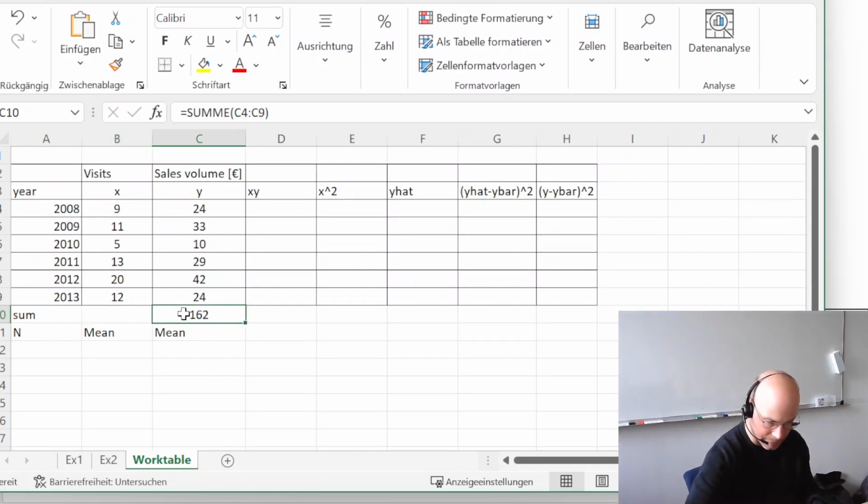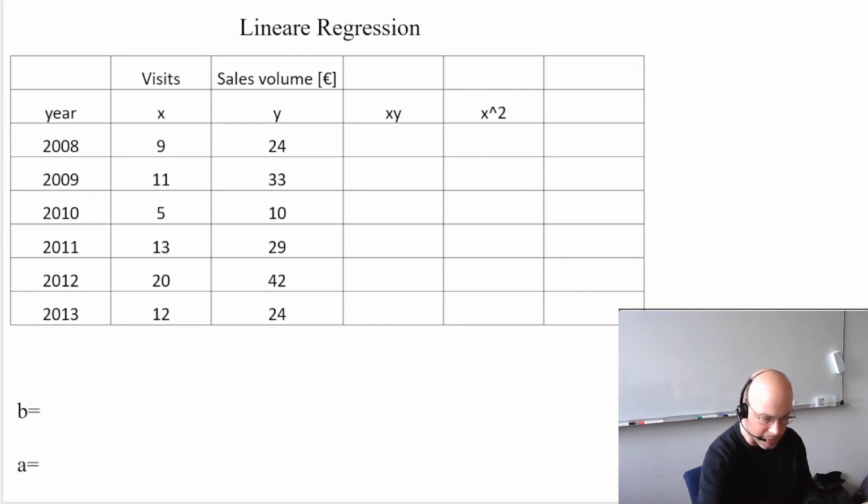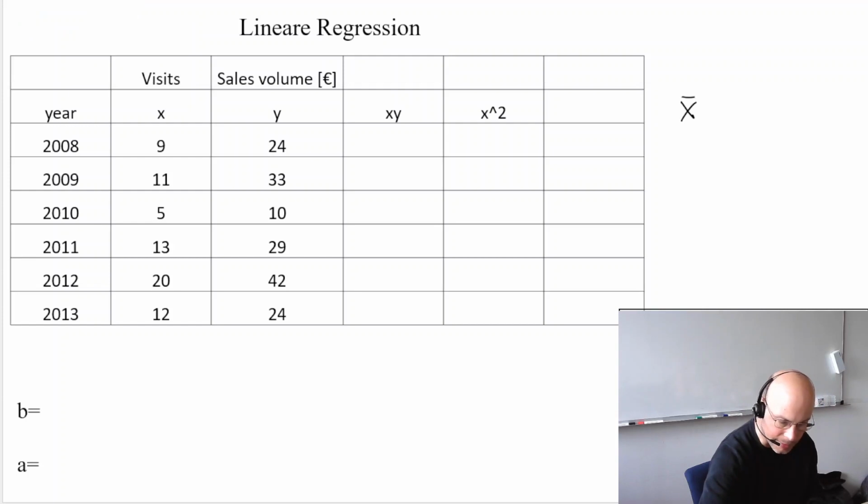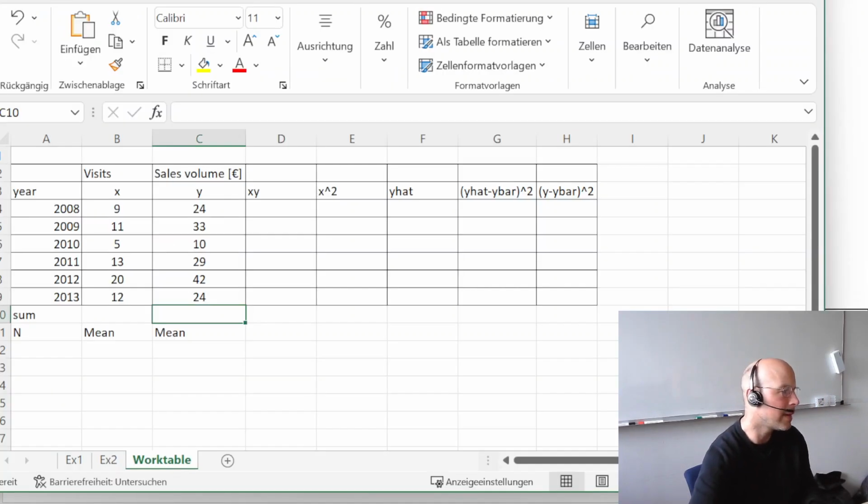So what do we need? We need, as I told you, X bar and Y bar. For X bar and Y bar, we just sum it up.